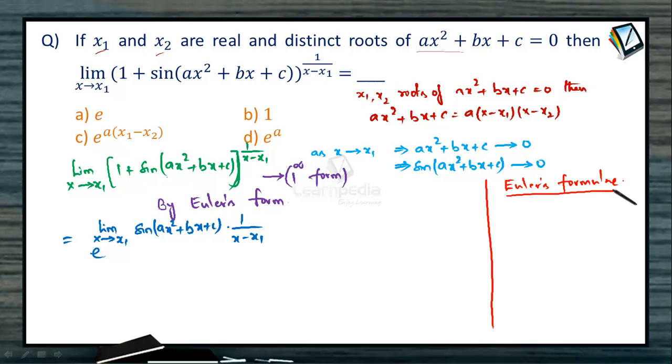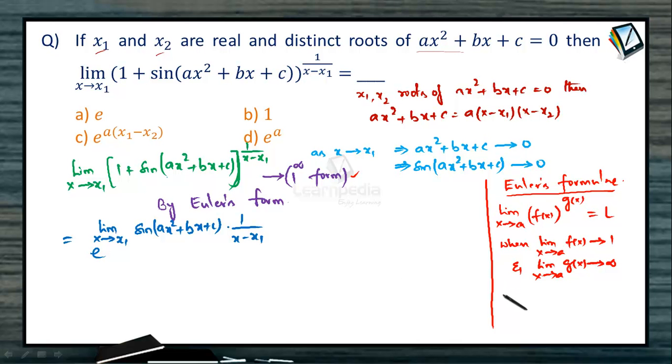What does Euler's formula say? If the limit as x tends to a of [f(x)] raised to the power g(x) is the required limit L, where f(x) tends to 1 and g(x) tends to infinity, then the limit is in the form 1 to the power of infinity, which is the form in the given question. Then the value of L will be equal to e to the power of the limit as x tends to a of (f(x) − 1) times g(x).